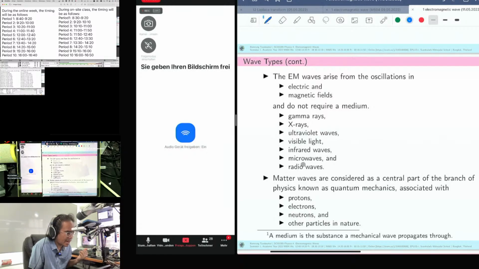The next one is microwave. Of course, microwave is a name close to a device that we use to cook or heat some food, right? Microwave actually has many utilities apart from the microwave oven. Humans also use microwave for the purpose of communication.